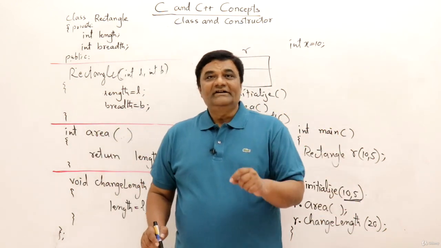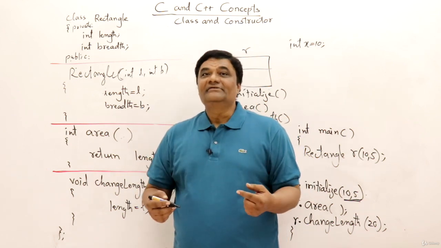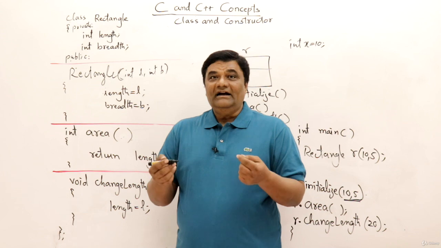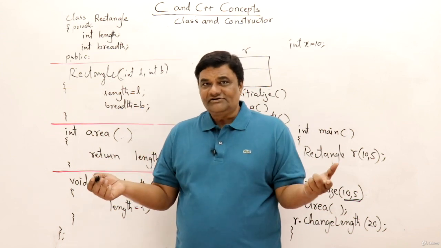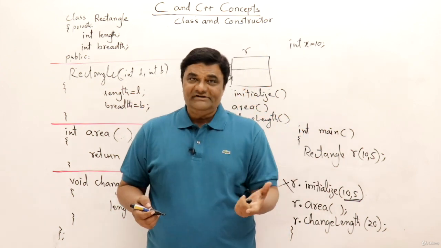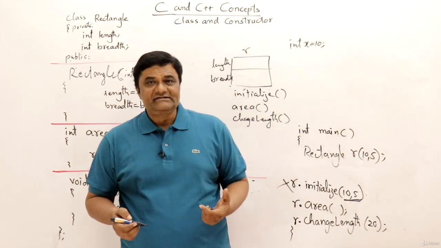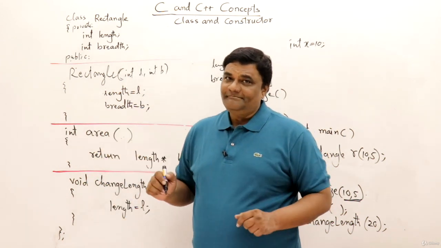It does the job of initializing an object. Instead of calling that function initialize, we are calling it constructor and we are giving the same name as class name. So it's an initializer function. So constructor, we say it's a function which creates the object and initializes the object. So that's why it has the same name as class name.